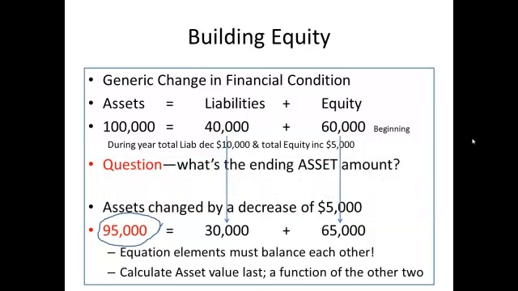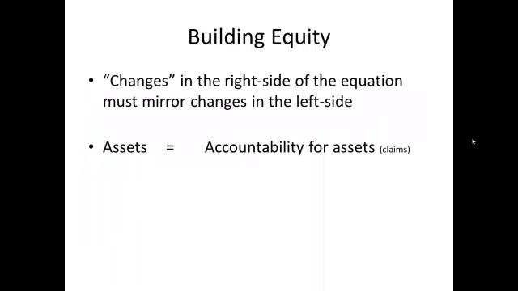Again, in this position, assets is calculated last. It must balance the equation. All changes in the right-hand side of the equation must mirror changes on the left-hand side. As assets change in total on the left-hand side, something on the right-hand side changes.